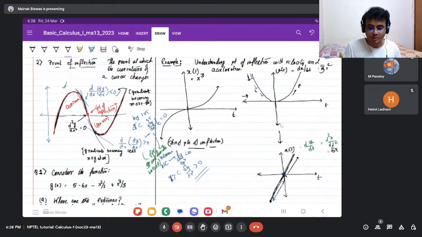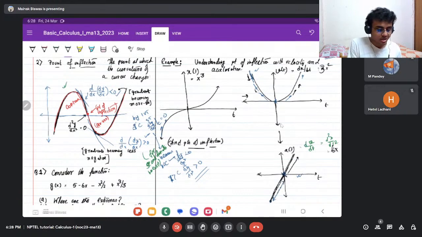Otherwise you are slowly coming towards your 0. So here you had a very high positive velocity. You had a retardation. Slowly the retardation decreased and brought your velocity to 0. As soon as it brought it to 0, it started again increasing the velocity. And that we can see from the a-t curve.